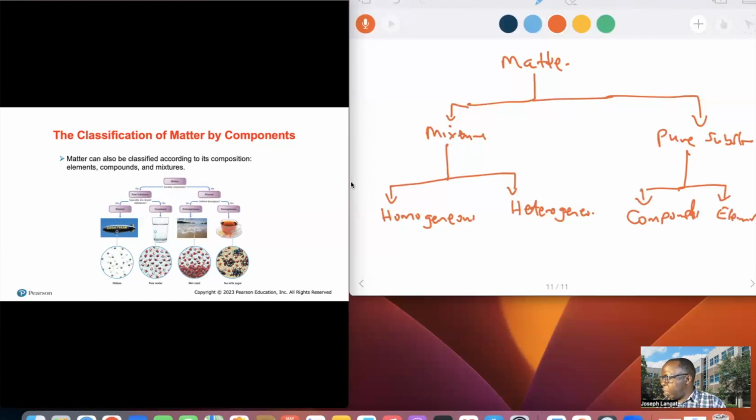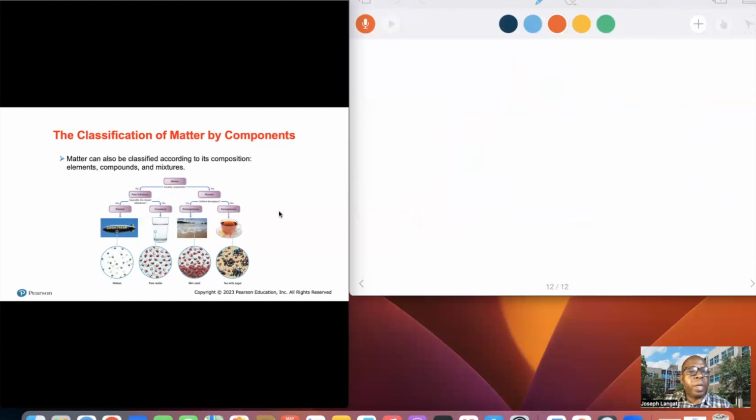I'll start by defining what homogeneous means. When you mix two substances, you end up with only one phase.